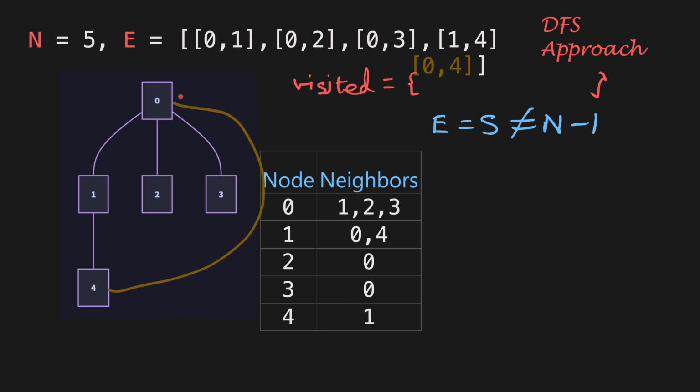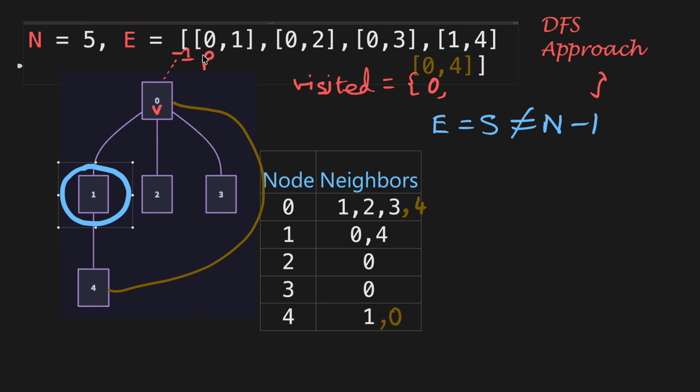And before running DFS, we add node 4 to the neighbors of node 0 and 0 back to node 4's list. Now we start depth first search again, say from node 0 with parent -1. We mark node 0 visited and go to its neighbors, say to node 1 first with node 0 as the parent.